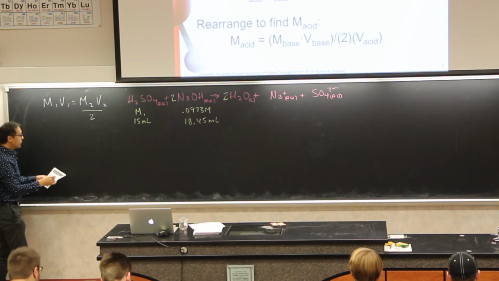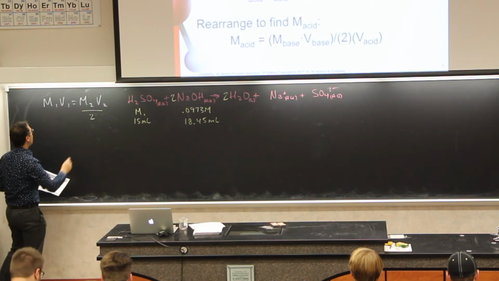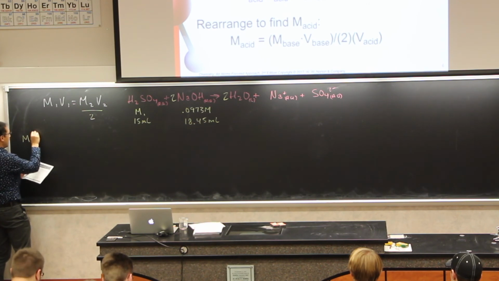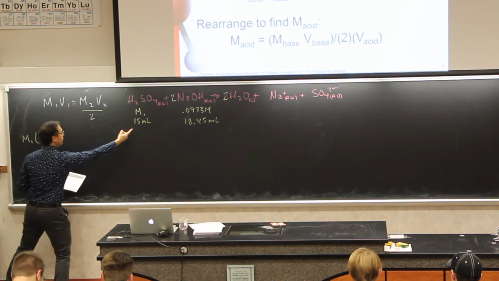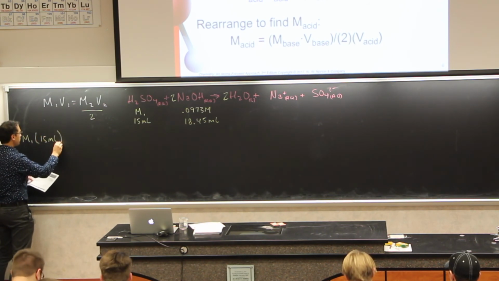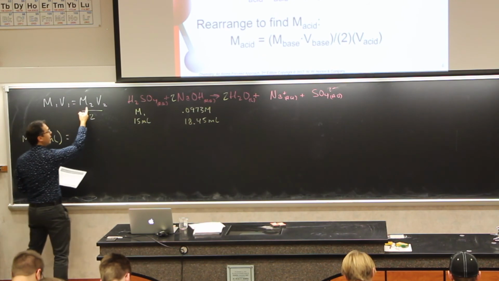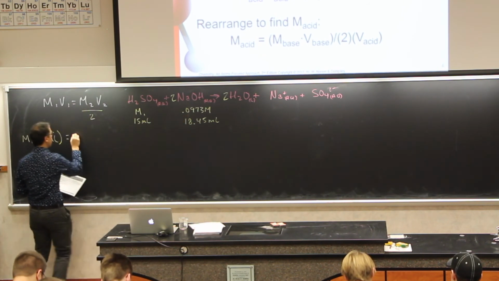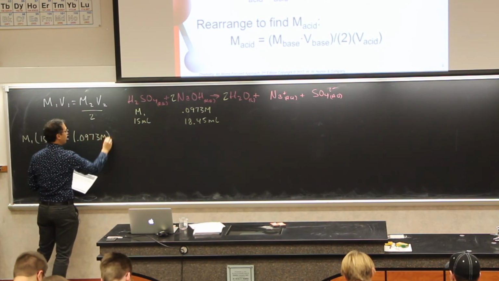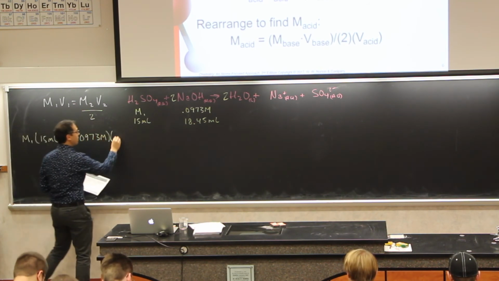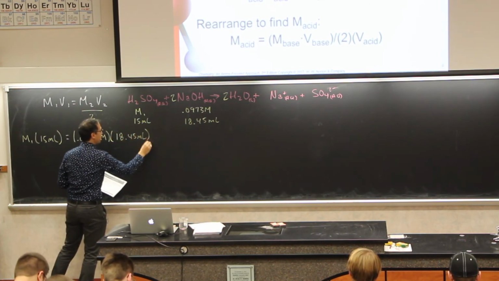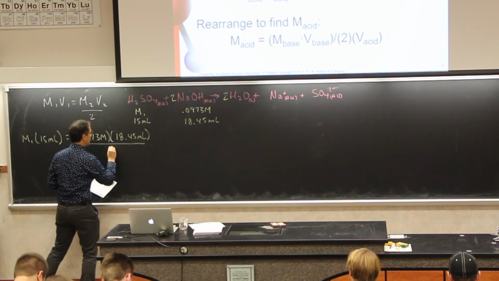All right. So now setting this up, I'm just going to plug some numbers in here. I'm going to say that I have M1 times my volume 1, 15 milliliters, is going to be equal to my M2, so that's 0.0973 molar times my volume 2, 18.45 milliliters, and then divide all of this by 2.